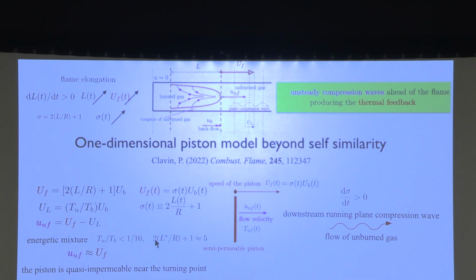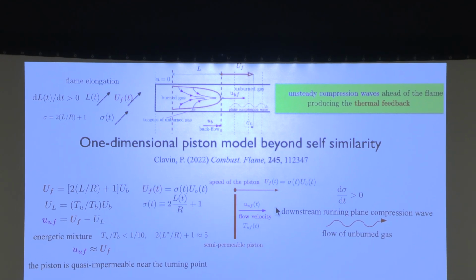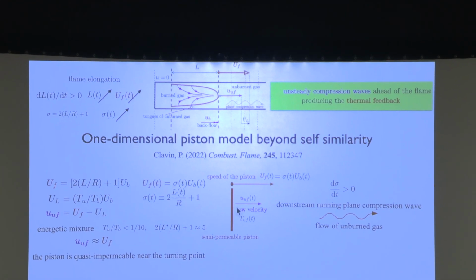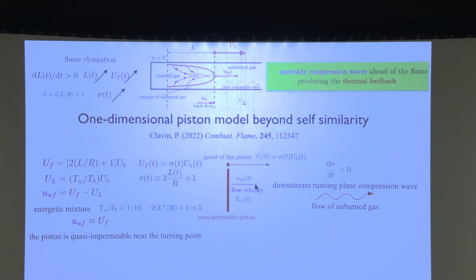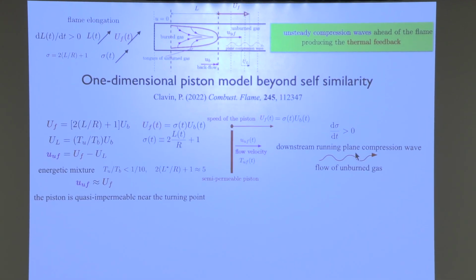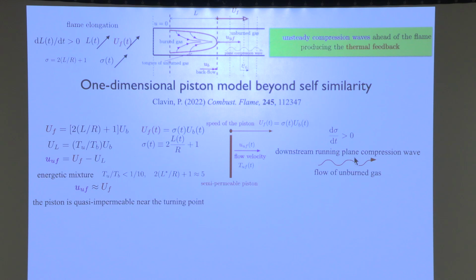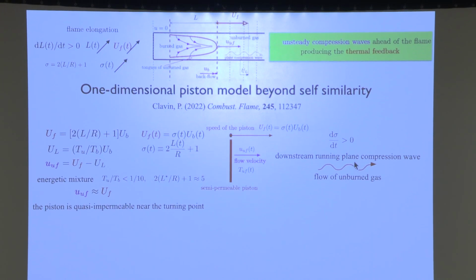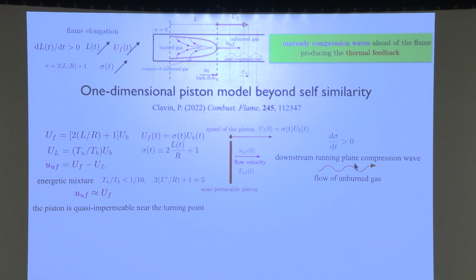As you see, this planar flame acts like a semi-transparent piston, so when it moves, it pushes the gas ahead, and when it accelerates, like a piston, it sends an acoustic wave, a compressible wave, in front of the flame.